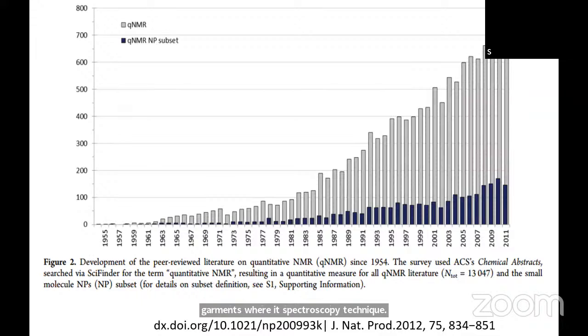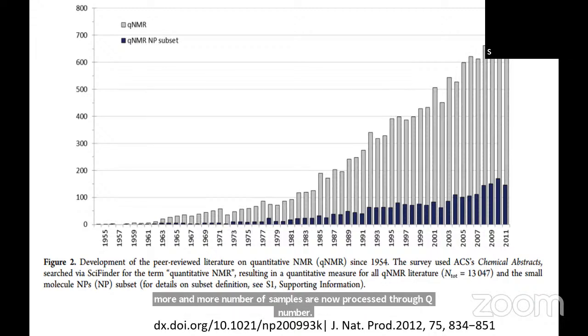From the 1950s onwards, if you closely observe, the number of samples analyzed for both qualitative and quantitative analysis increased. So qNMR techniques are now a lot improved. More and more samples are now processed through qNMR analysis.